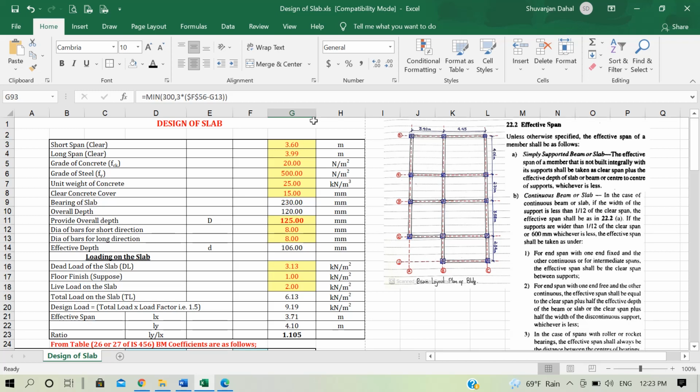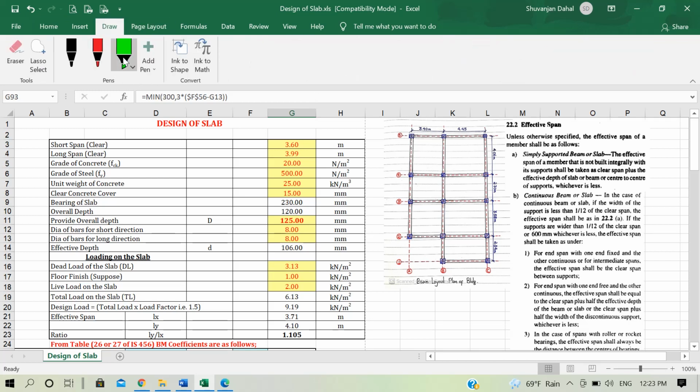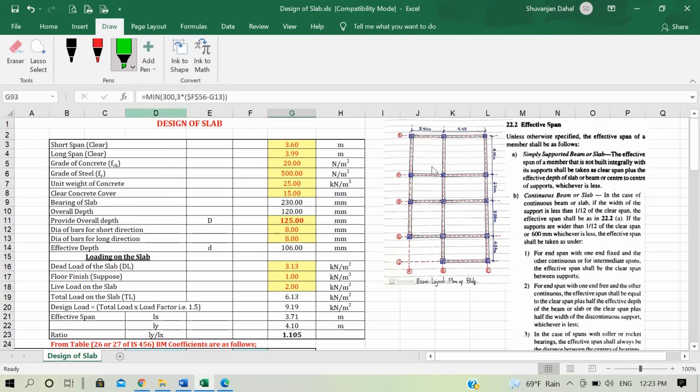So let's start with the design of slab. If you remember this diagram here on the right hand side, I showed you this diagram during our previous videos also. This is the beam layout, or the beam plan, of our building that we designed in ETABS.